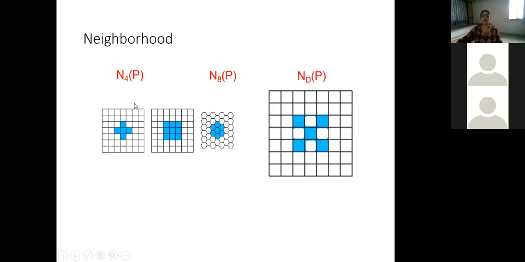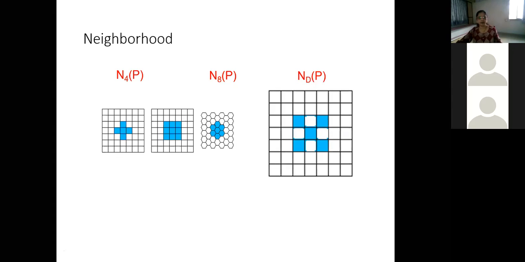For a rectangular grid, we can have these three types of neighborhoods, or any other shape like an approximate circle. Or instead of a 3 by 3 neighborhood, we can consider a 5 by 5 or 7 by 7 neighborhood, depending on which processing technique we are using and the application.